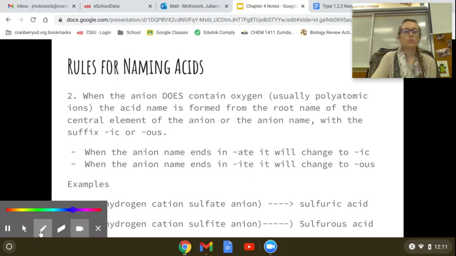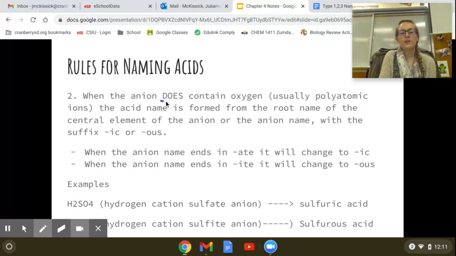Okay, so rule 2 is going to be when the anion does contain oxygen. Usually, when it contains oxygen, it's going to contain a polyatomic ion that we talked about in the last lessons. Again, you want to make sure that you can recognize these because it's going to be important for being able to name the acids, because that's going to be the root name most likely.